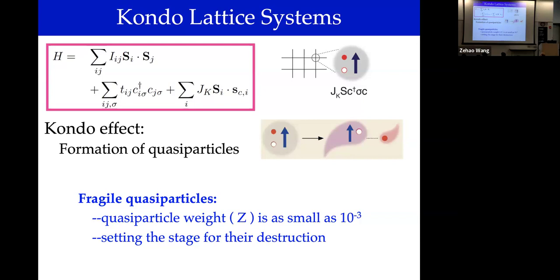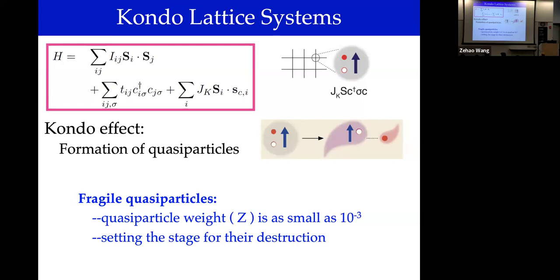And that small quasi-particle weight is very much part of a story of setting up this strongly correlated form of gapless topological states, with the topological features that are associated with excitations pinned near the Fermi energy.